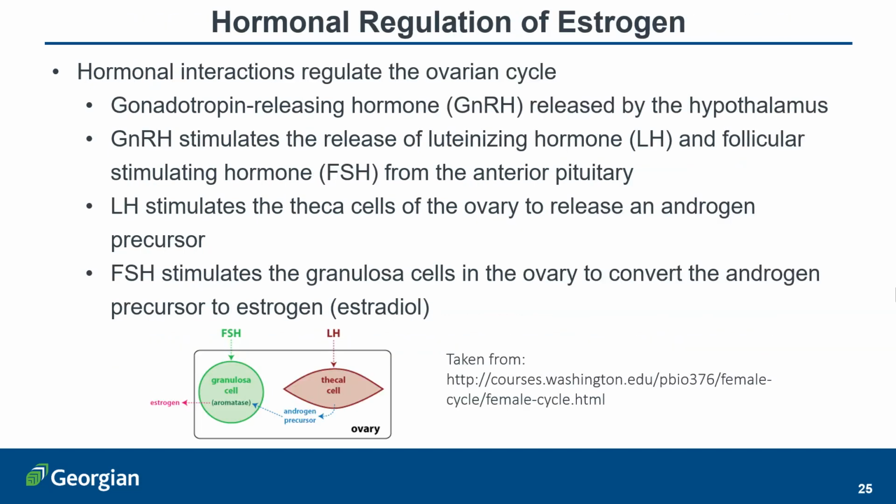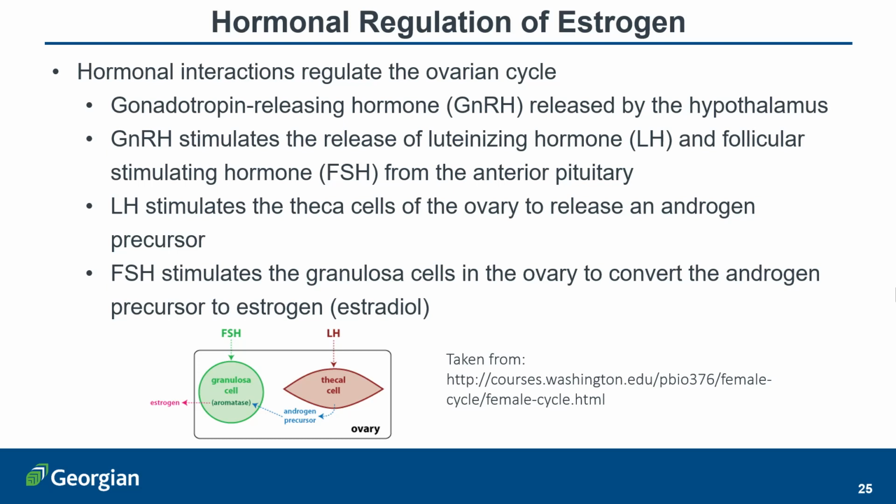Let's now discuss the hormonal regulation of estrogen. It's very similar to what we saw previously with testosterone. The gonadotropin releasing hormone, or GnRH, that is produced by the hypothalamus, travels down the hypophyseal portal tract to the anterior pituitary, thereby stimulating the release of luteinizing hormone, or LH, as well as follicle stimulating hormone, or FSH.